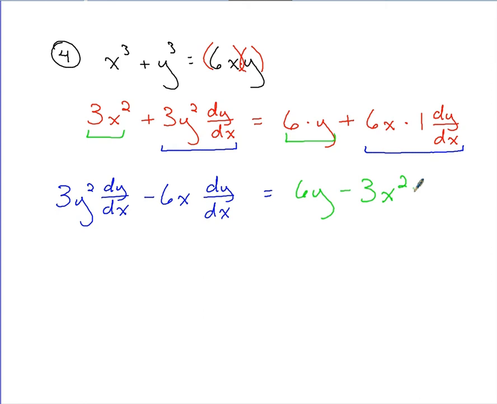Now this is where we use that little trick I was showing you earlier, where we were solving for x, but I was showing you how to solve for x in a factoring kind of way. This dy dx is the greatest common factor shared between these two terms. So let's factor that out. Not canceling it out, I'm just factoring it out.